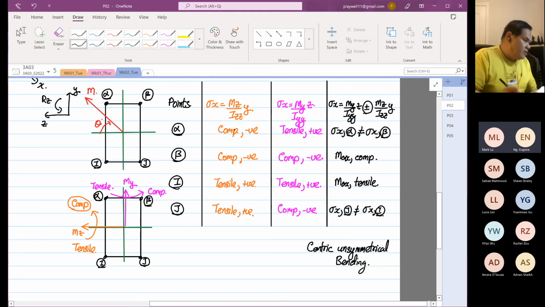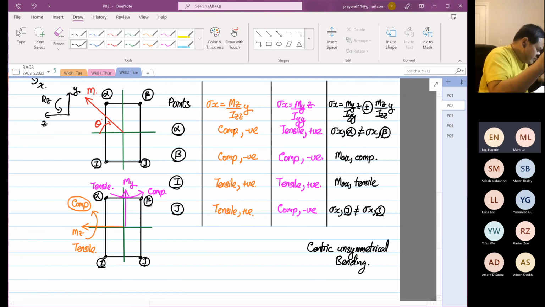And once again, whether it is symmetrical or unsymmetrical is all dependent on your stress field. You can see that, right? It's all depending on your stress field.